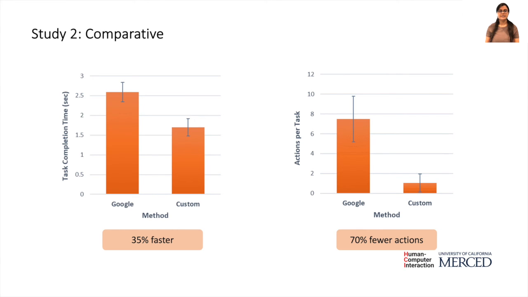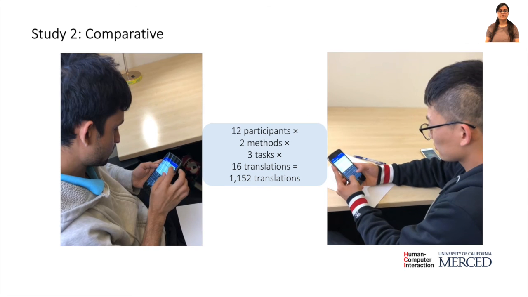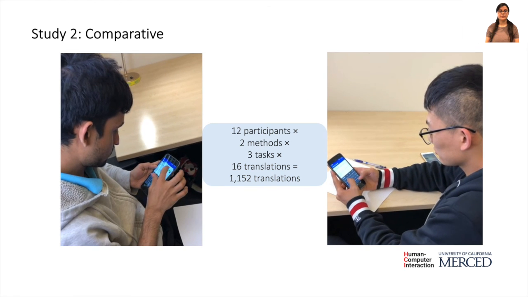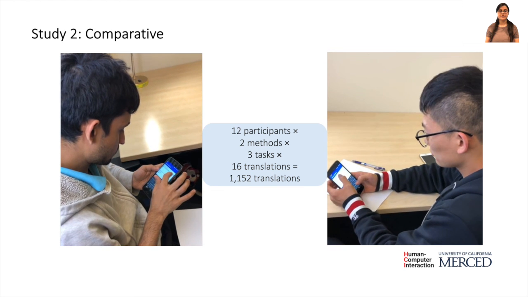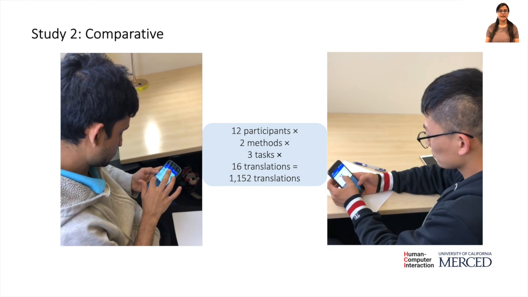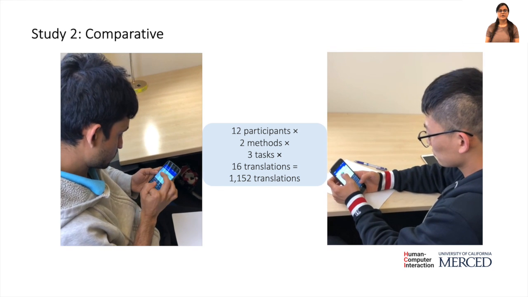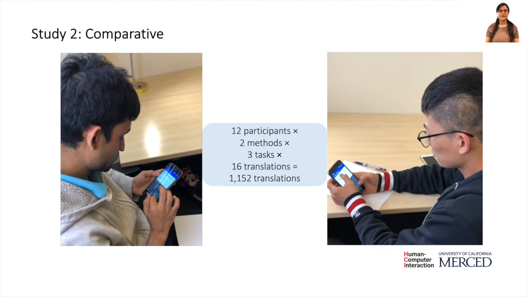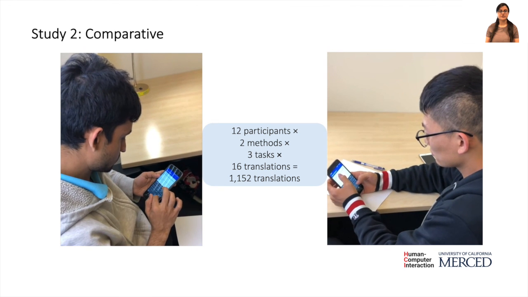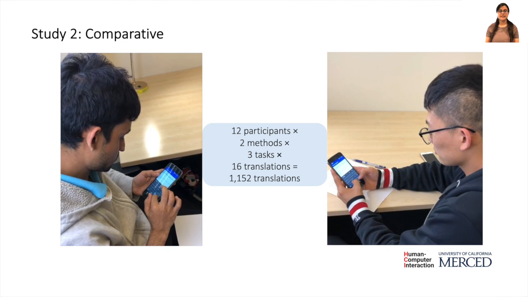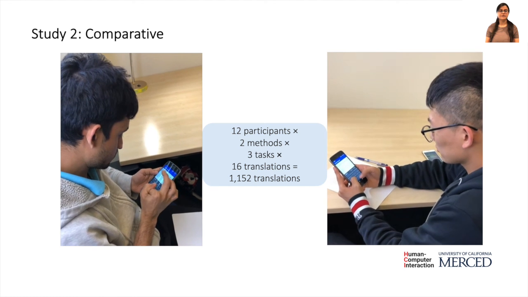A deeper analysis revealed that 97% of all tasks required only one action to perform with the proposed method. Besides, participants found the proposed method significantly more effective, user-friendly, and convenient. Particularly, they found the undo redo and the selective translation feature of the method significantly more efficient than the default method.